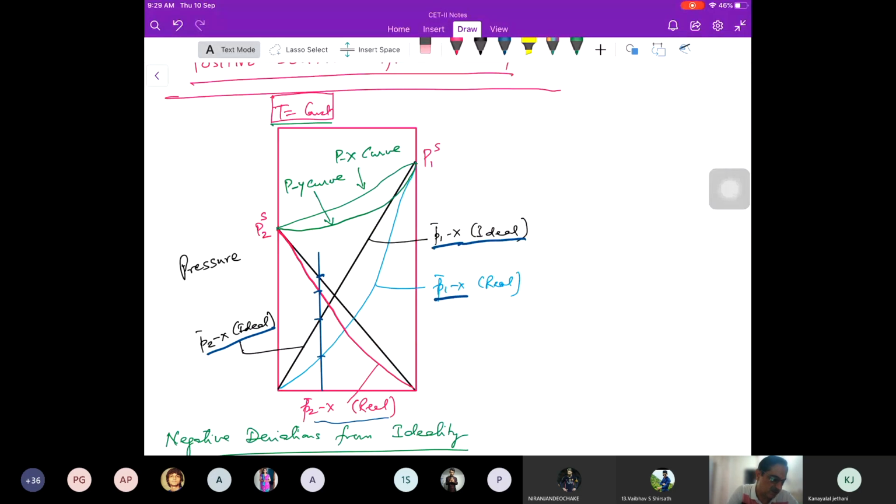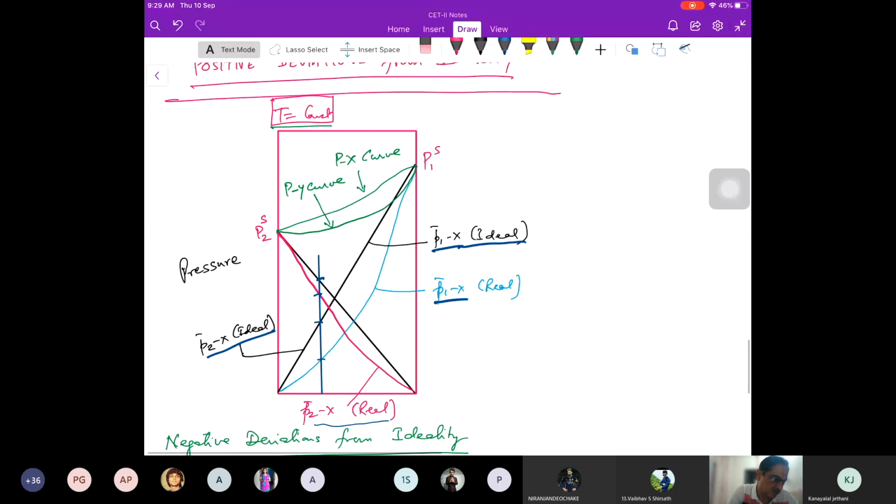और ये curve भी negative यानी concave रहेगा. This concave curve. Total pressure का भी concave रहेगा. Is this understood now? Positive and negative deviation of ideality.